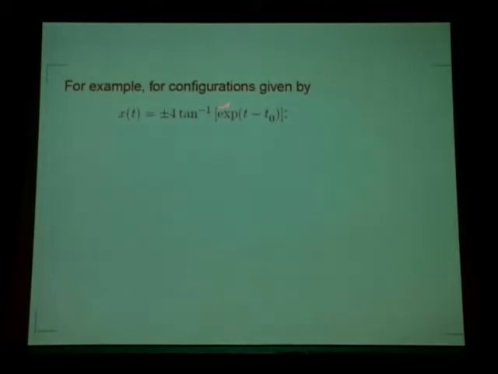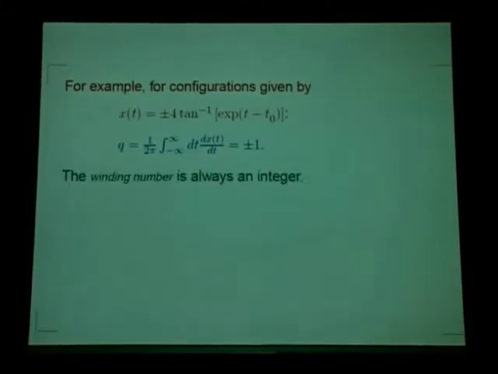So for example, x equal to plus or minus 4 tan inverse of exponential (t minus t0). The topological charge for such a configuration is just this integral, and its values are plus 1 and minus 1. So the integer is plus 1 and minus 1 for this set of configurations.